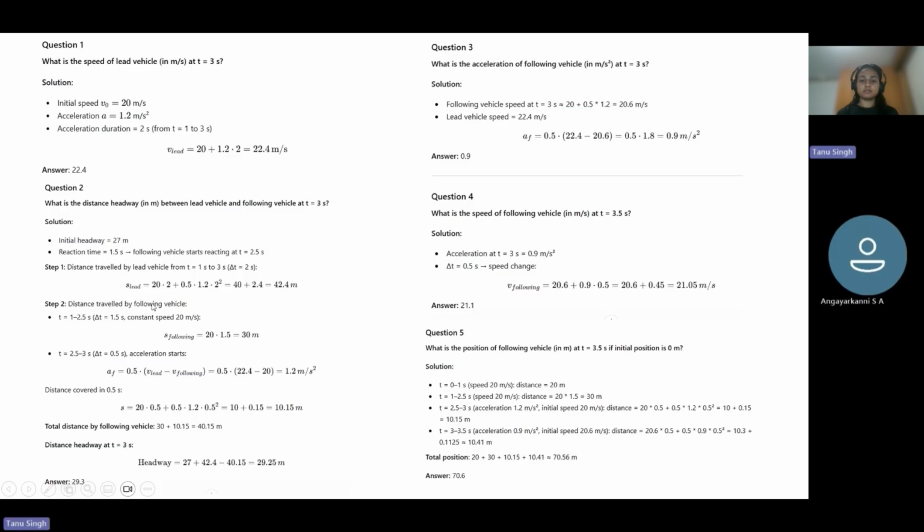Then the distance traveled by the following vehicle. From 1 to 2.5 seconds, that is delta t equals 1.5 second, constant speed of 20. So the following vehicle travels 20 into 1.5, that is 30 meter. And from 2.5 to 3 seconds, when the reaction has happened, it starts to accelerate.